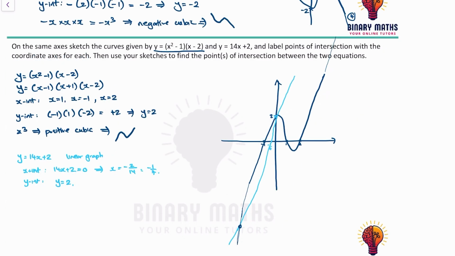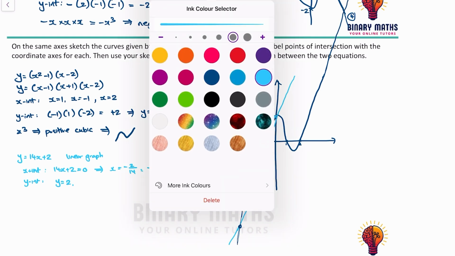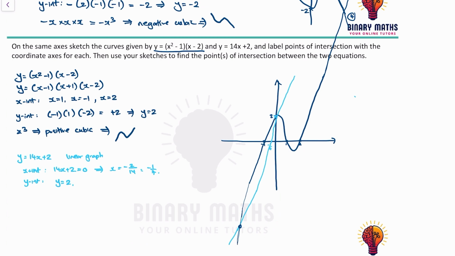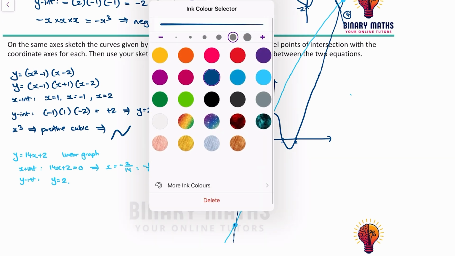So if I extend this line and I extend the linear line, there will come a point where the cubic is above the linear line. So there will be another point of intersection here. So there will be 3 points of intersection. So let's solve it algebraically and see if we do get these 3 points of intersection.